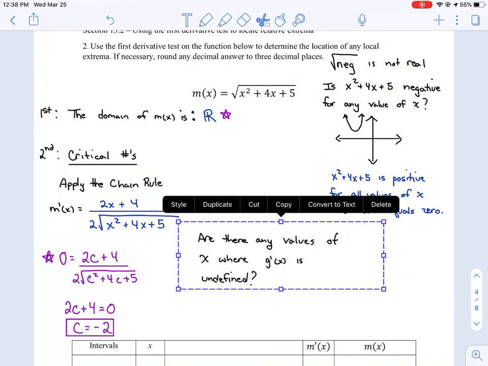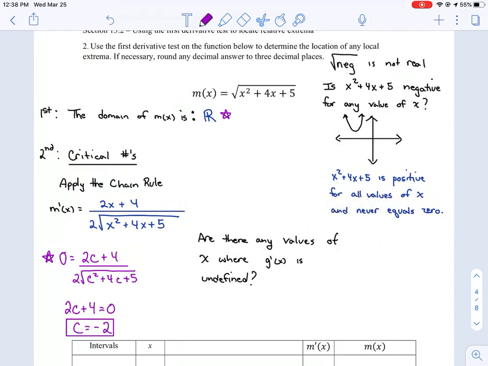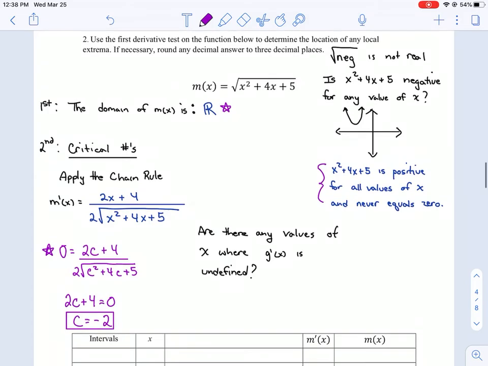Now we have to ask ourselves, are there any values of x where the derivative is undefined? And if we come back to this statement that I wrote in blue right over here, that's going to help us right now. So we want to know when x squared plus 4x plus 5 is equal to 0.